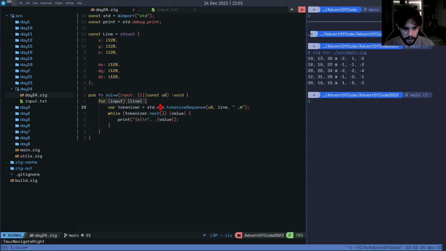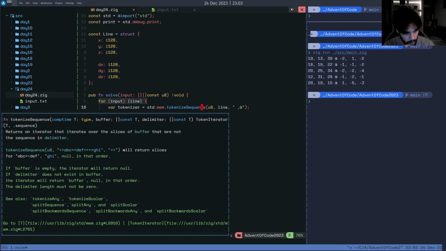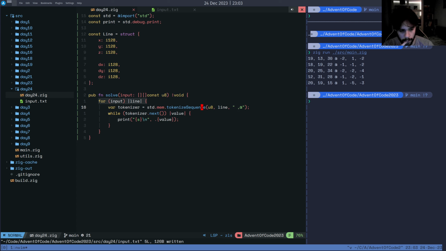That doesn't seem quite right. What if I just split on spaces? That definitely gives me something different. Spaces and commas?